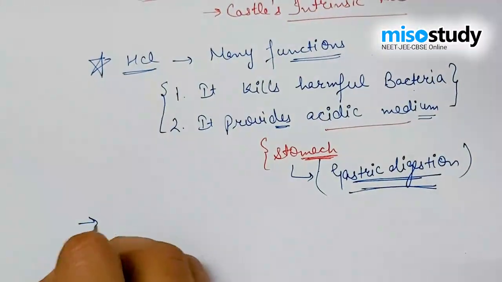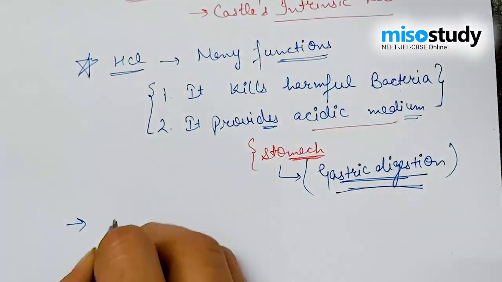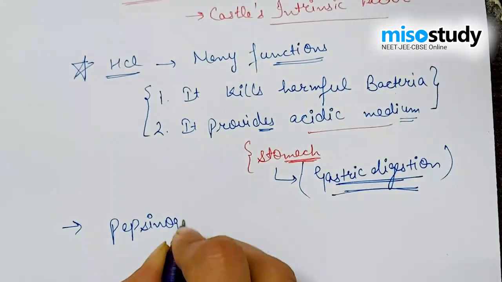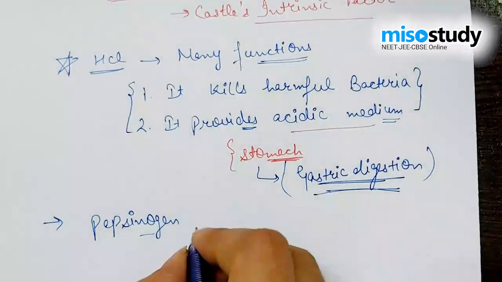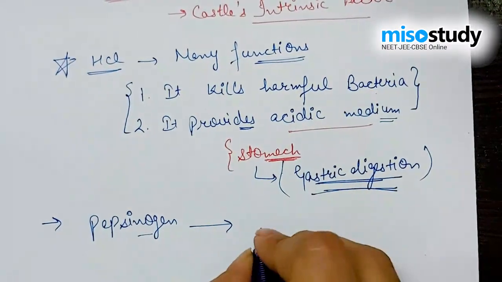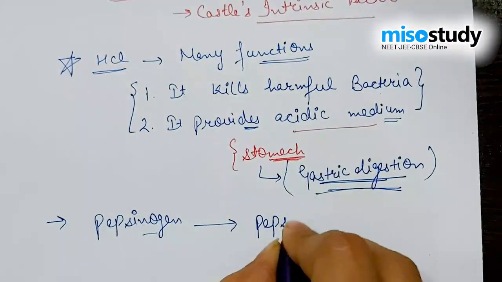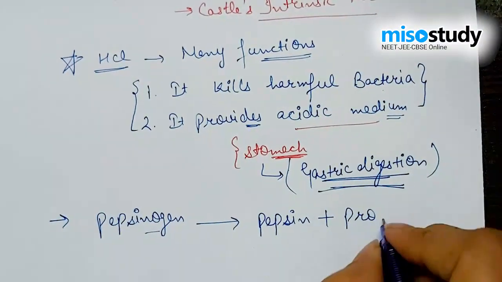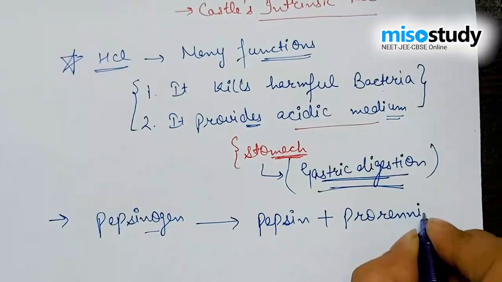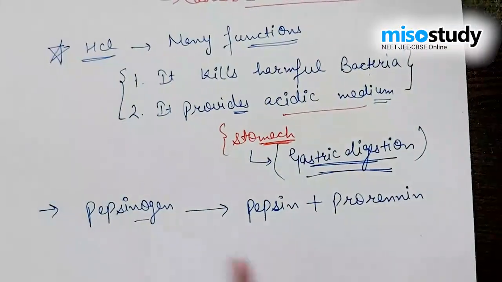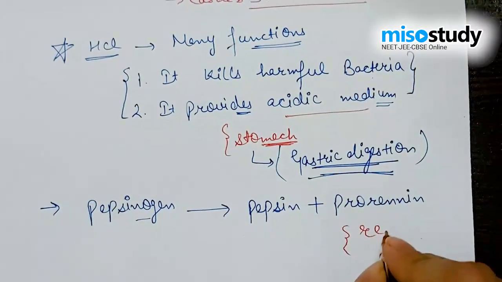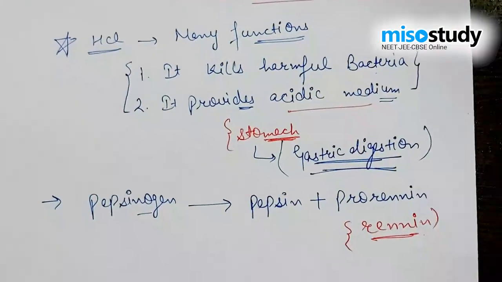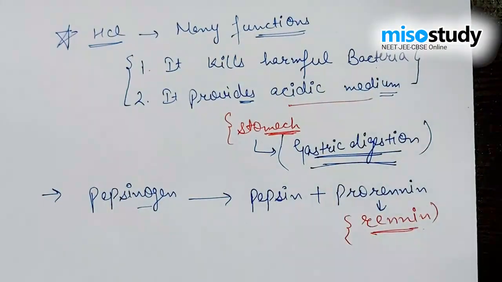That gastric digestion includes the change of pepsinogen into pepsin and prorenin into renin, the active form.